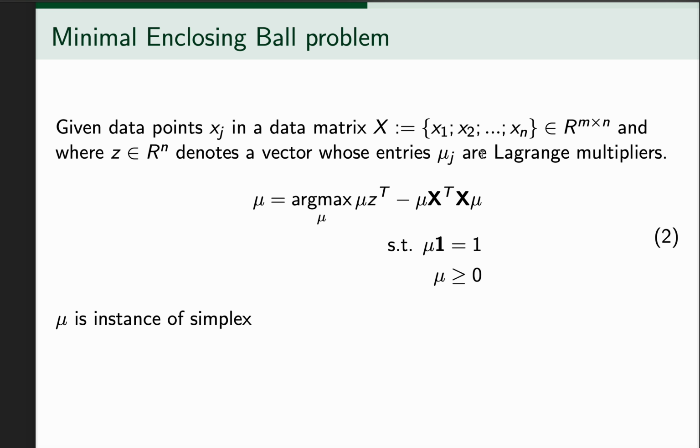We solve this problem using a Lagrange method. This problem contains the μ parameter, which is greater than 0, and the sum of the coordinates of the vector is 1. So we can see μ is in the simplex.